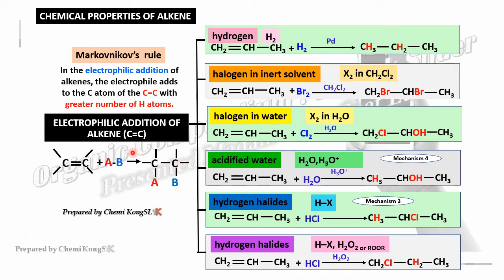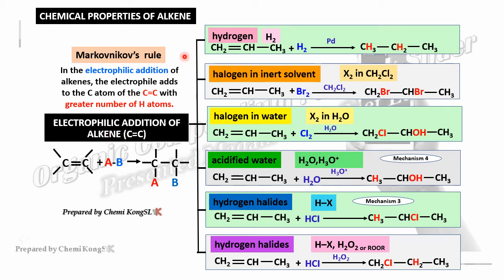Why is it electrophilic? Because the carbon-carbon double bond is a high density area, which is a nucleophilic site. So the electrophile is added to the carbon-carbon double bond. Since an electrophile is added, that's why the name is electrophilic addition of alkene.